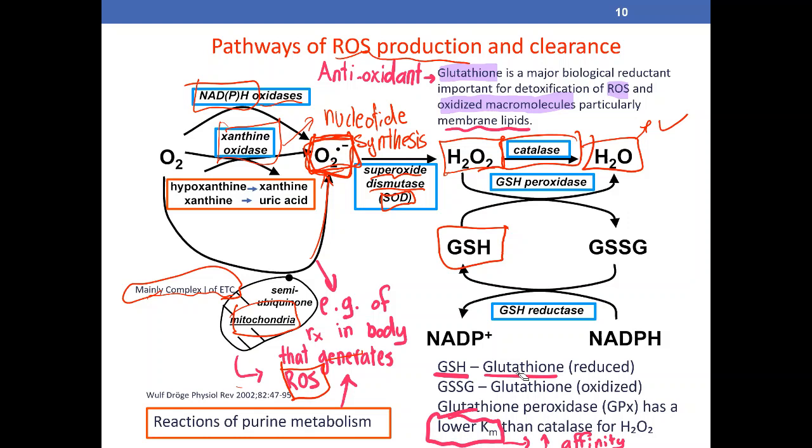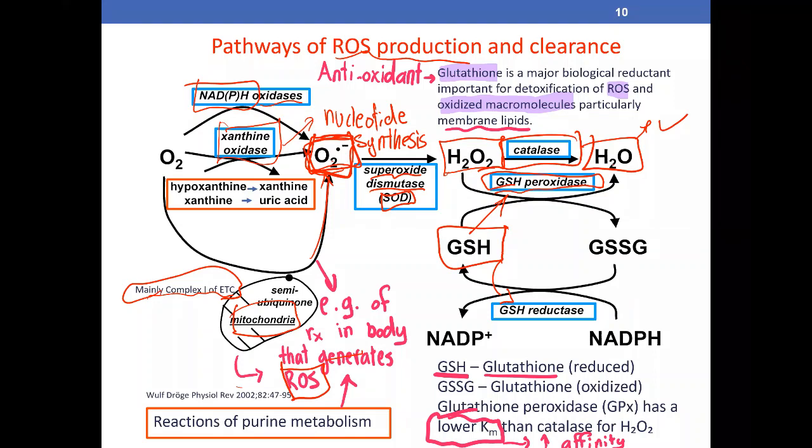The reason it's reduced, as we mentioned at the beginning, is that reduced means it gained an electron, from the previous reaction down here. This electron gets donated to the hydrogen peroxide, and it turns it into water.